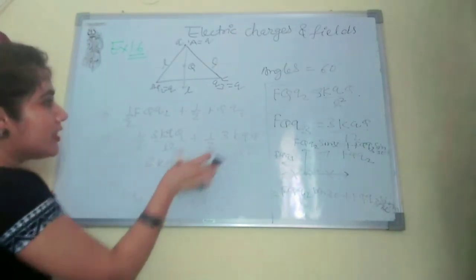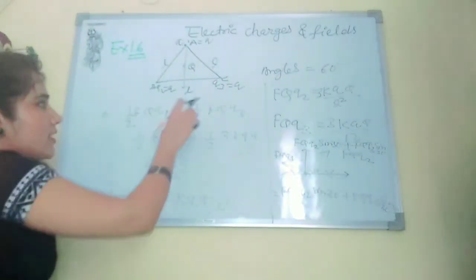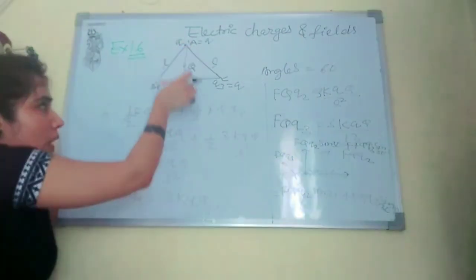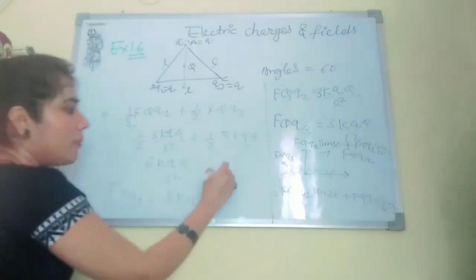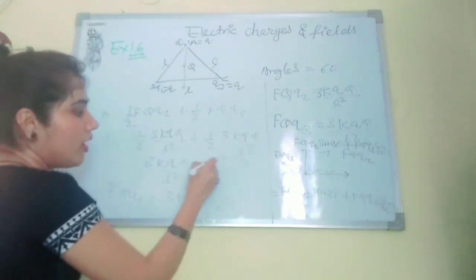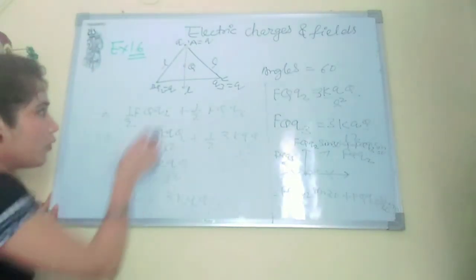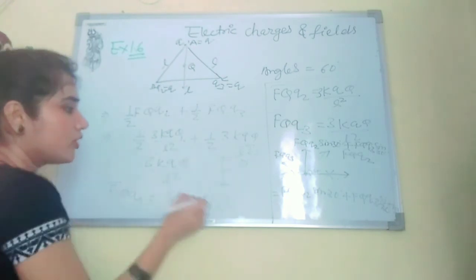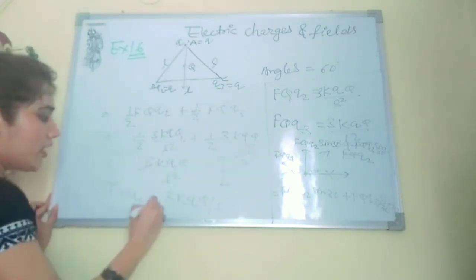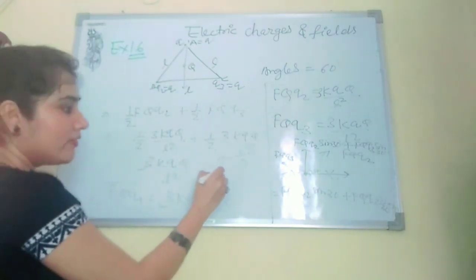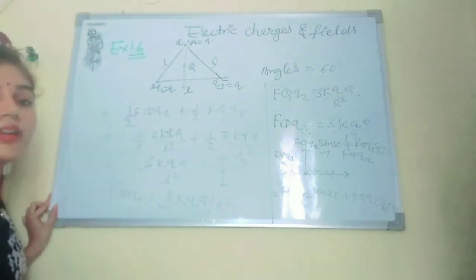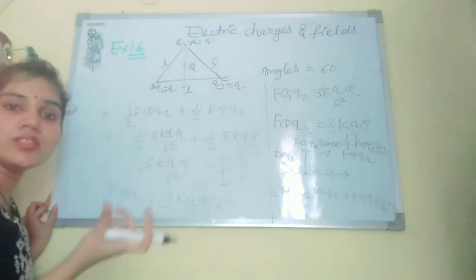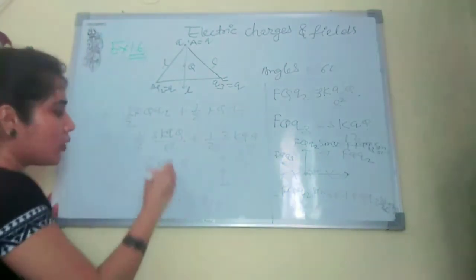So the resultant of these two forces will be cancelled out. This is the resultant of these two forces which are applying in upward direction, and this is the force applying in downward direction, and both are similar, but the sign will be opposite. If this is in upward direction and this is the downward direction, and the magnitude is the same, they will cancel each other out.